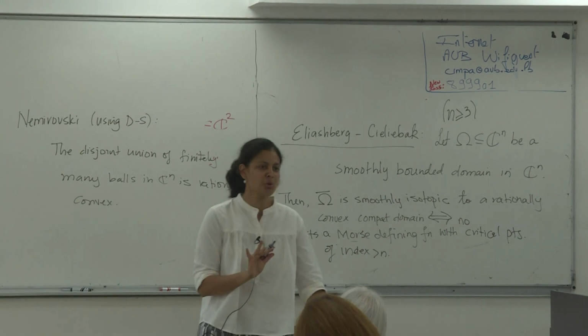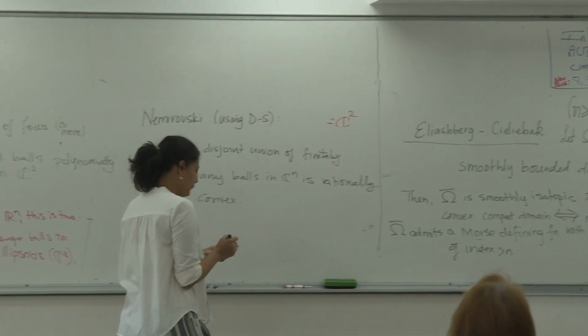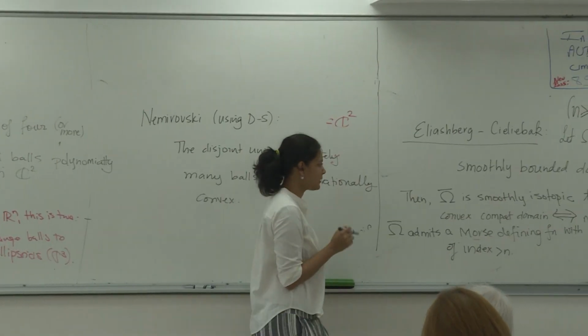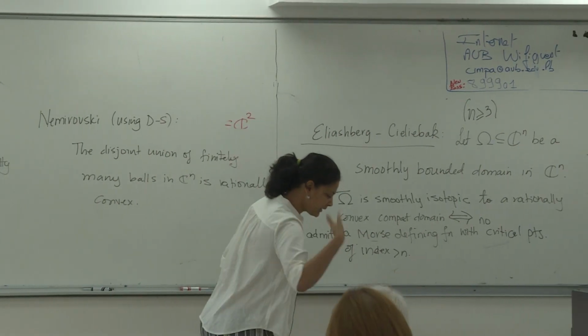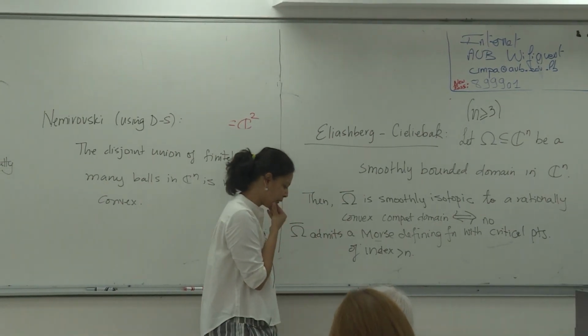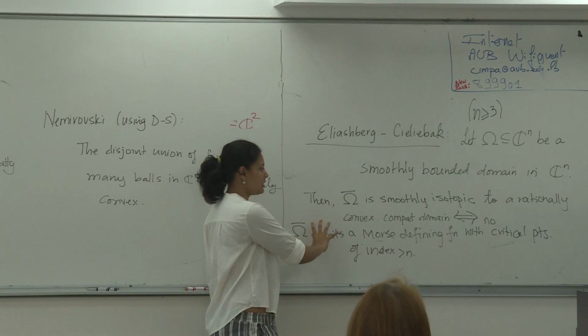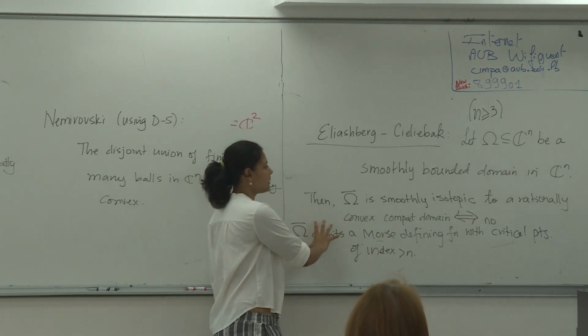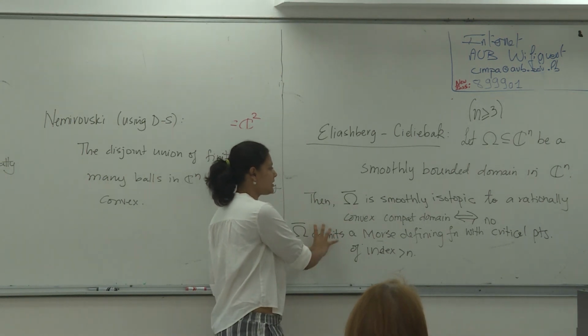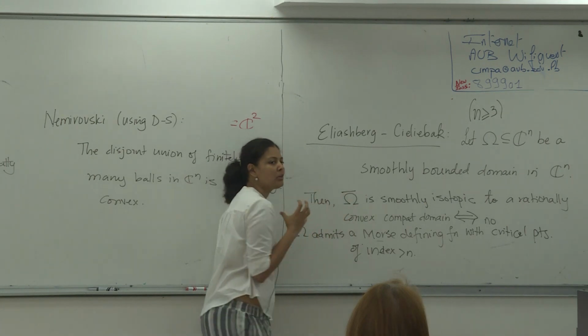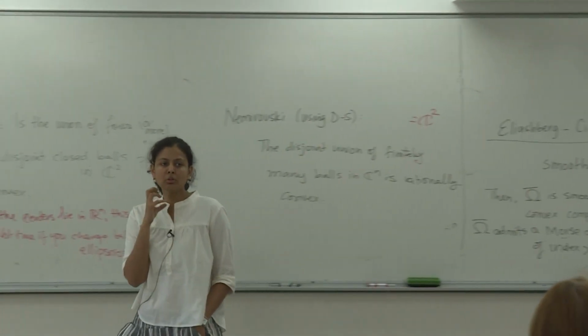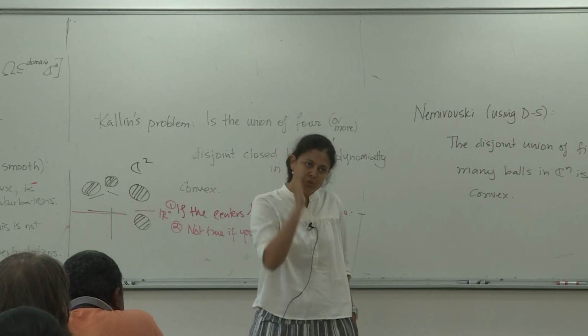It's okay if you don't know what all these words mean, but from the point of view of several complex variables, if you've heard the word pseudo-convexity enough times, this condition is exactly a necessary condition for omega closure to be the closure of a strongly pseudo-convex domain.